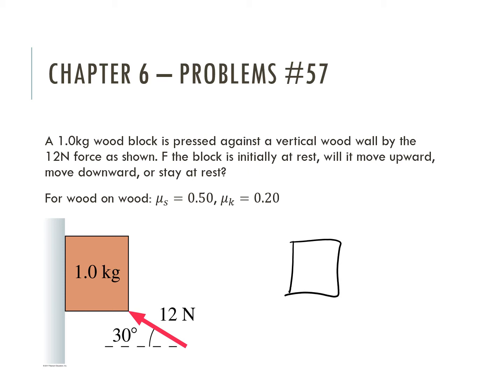Okay, so for this one, our free body diagram is going to be a little bit different. We still have our force due to gravity pointing straight down. Here we are being given a force that is pushing on the box. There are a couple different ways that people like to put this force.